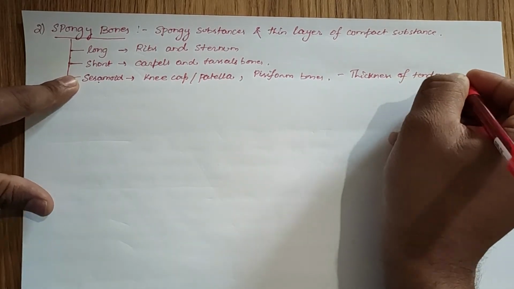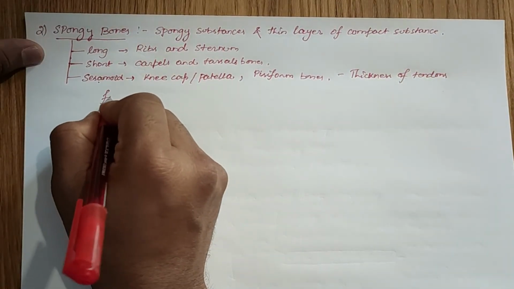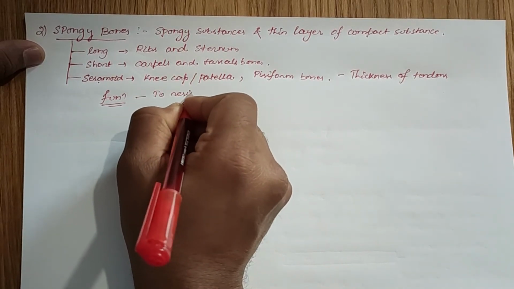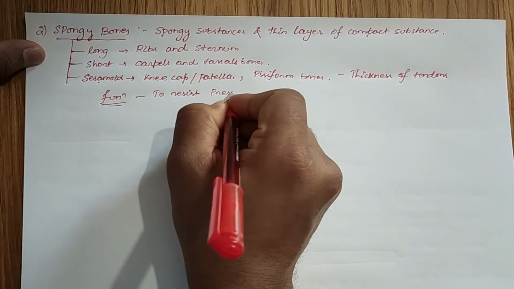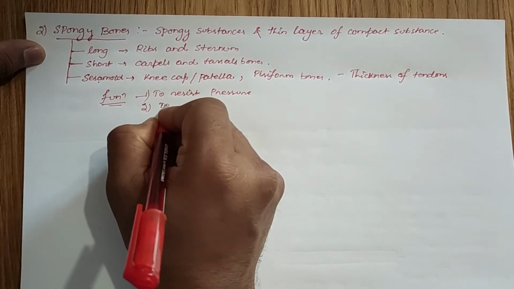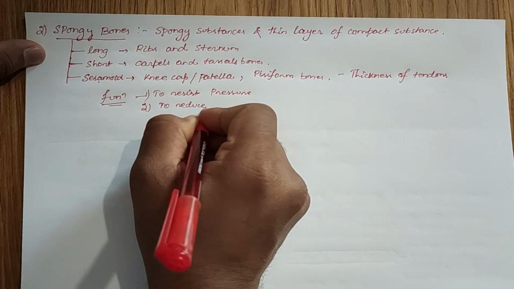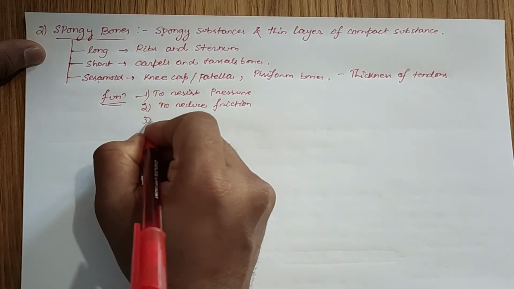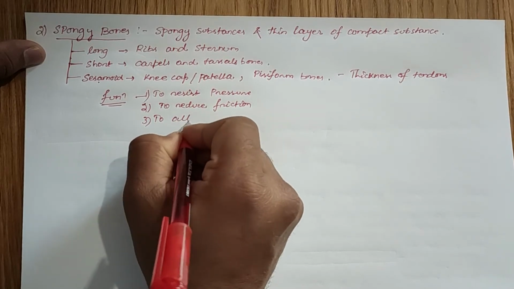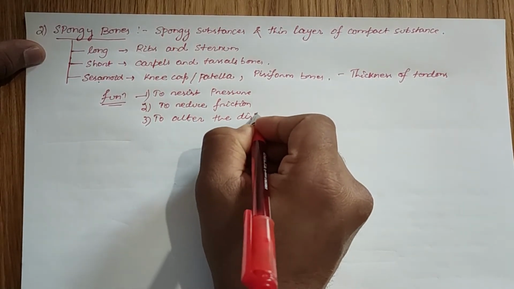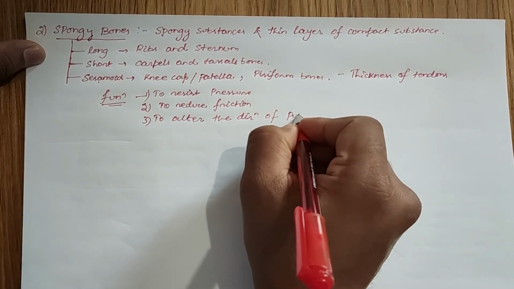And what are their main functions? First is to resist pressure, second is to reduce friction, and the third is to alter the direction of pull of muscles.